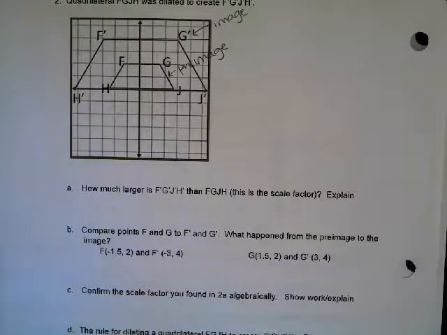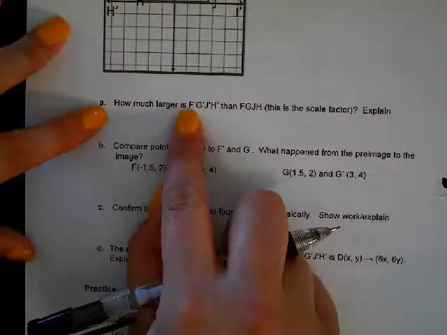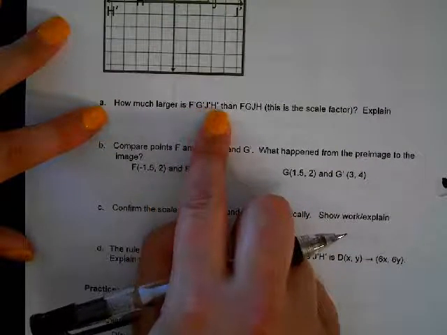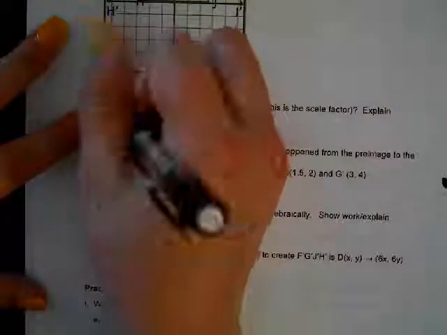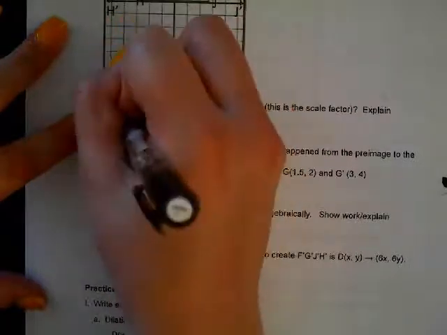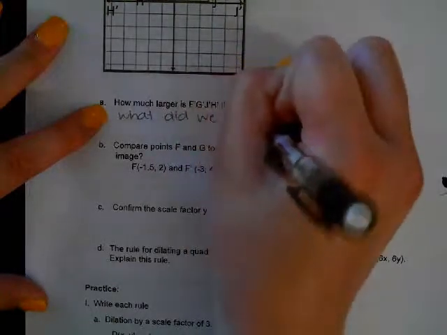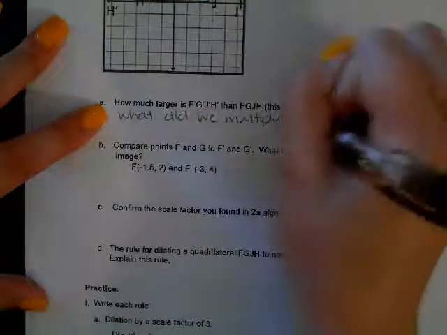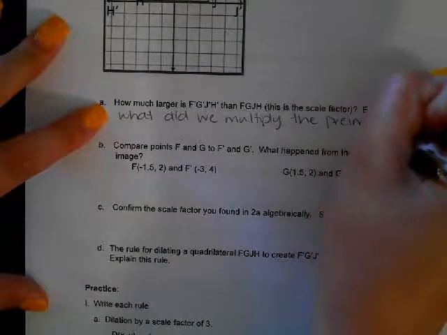So they say how much larger is F prime, G prime, J prime, H prime than F, G, J, H? This is the scale factor, and explain. So the question we have to ask ourselves to figure this out is, what did we multiply the pre-image by to get the image?